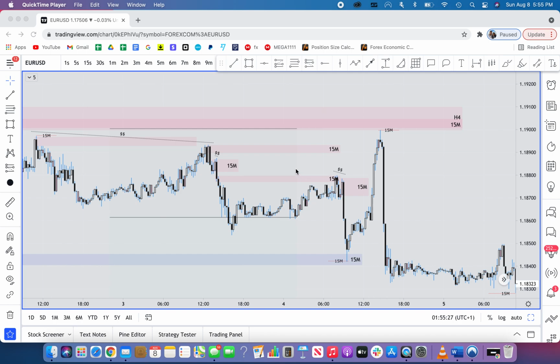A good example would be these little money symbols. That is inducement for this order block here. Once you tap in and that inducement is gone, those order blocks generally don't hold. So in the case of this order block, it had zero inducement. We expected it to fail.